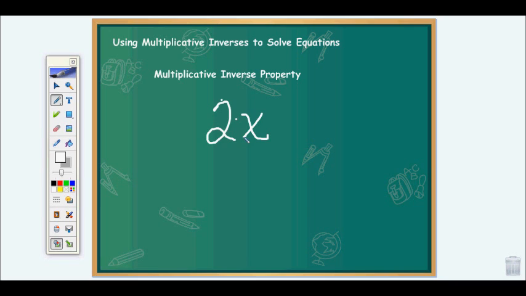So 2x means 2 times x. To get x as a single variable, I would divide by 2.